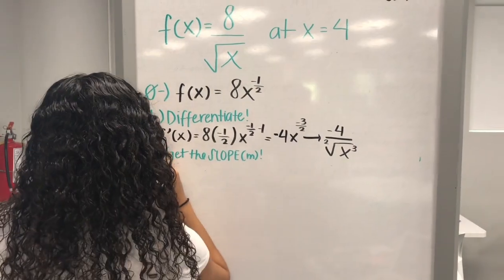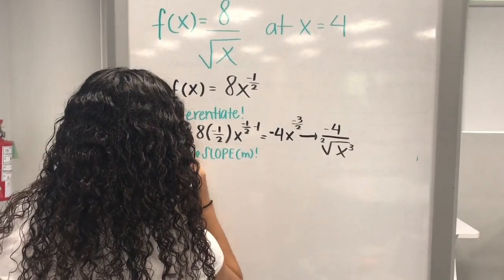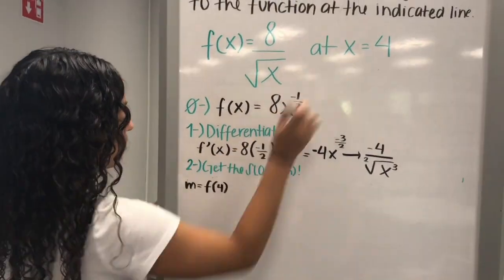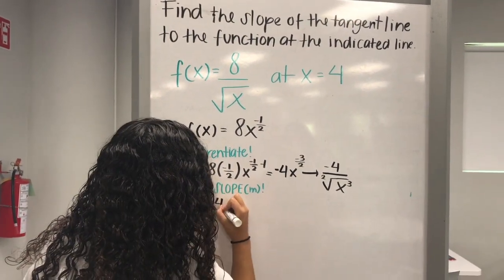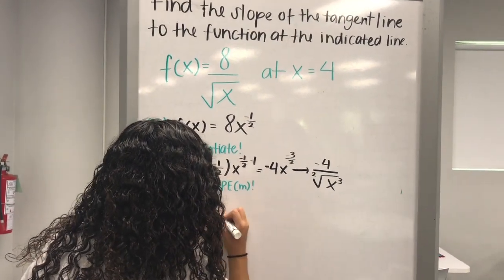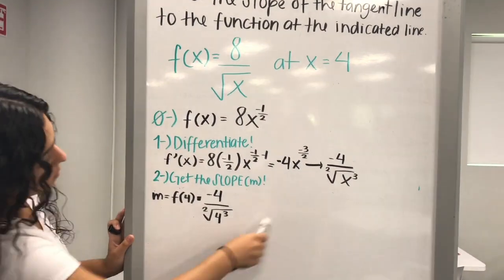Now that we are left with this answer, to get the slope, we will substitute the corresponding number to the x. In this case, x equals 4. So we will substitute the 4 into x, and our slope will be negative 1/2.